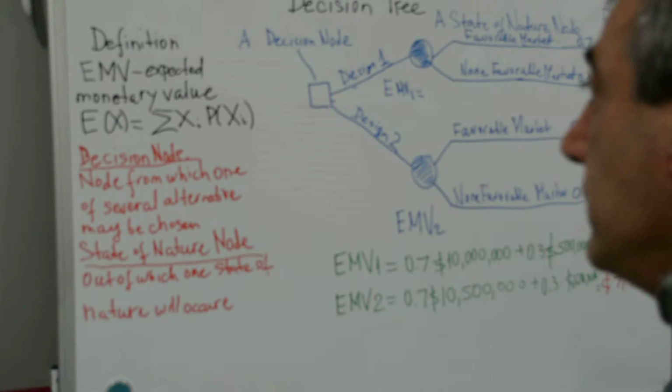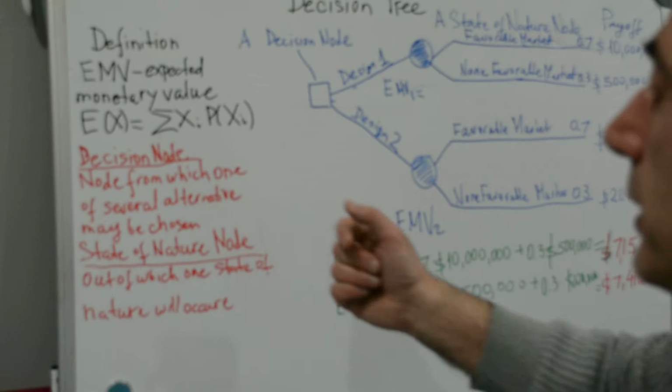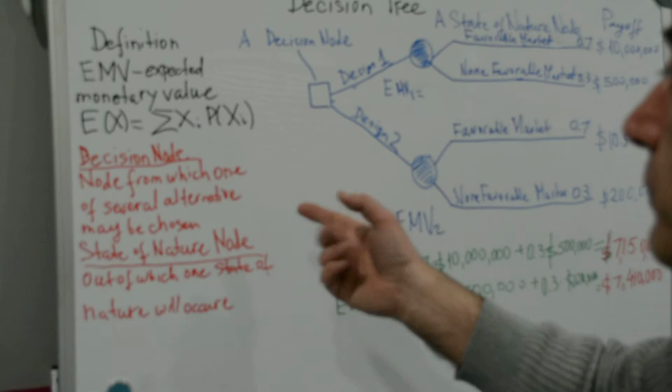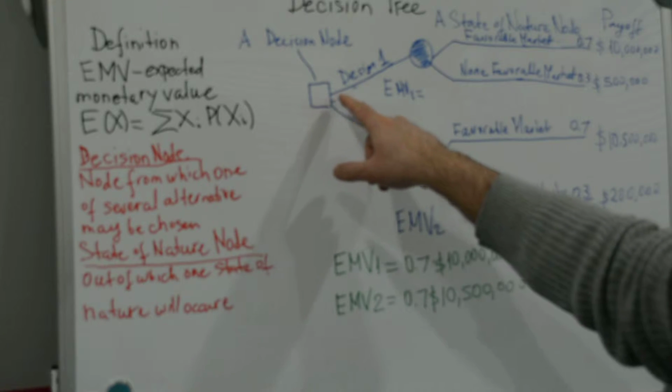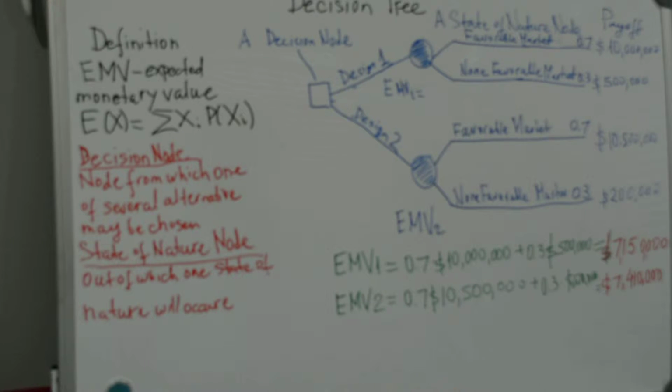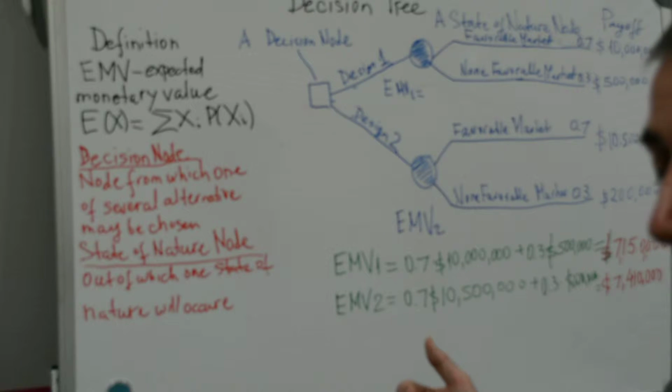So what is the decision node? I took the definition from the text: node from which one of several alternatives may be chosen. So basically, in this example, there are two alternative decisions to be made. Let us imagine it's a medical device company, and we develop a product for marketing.